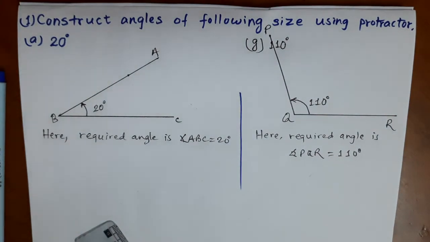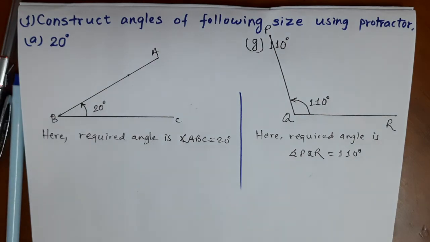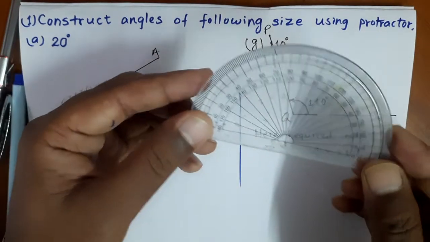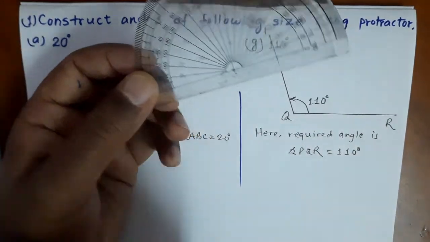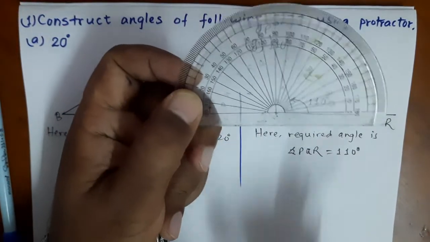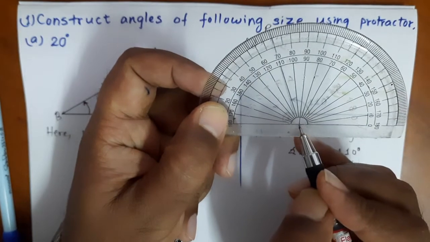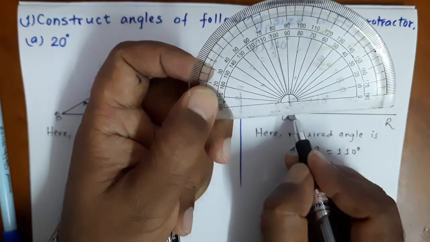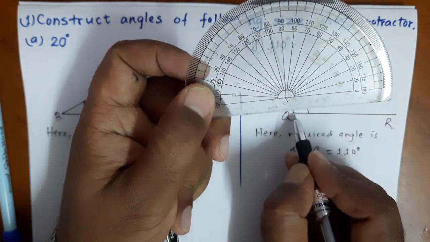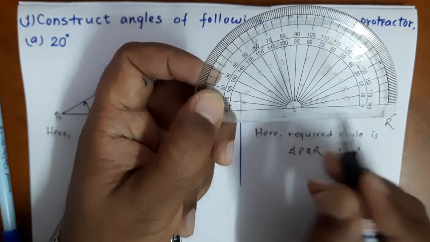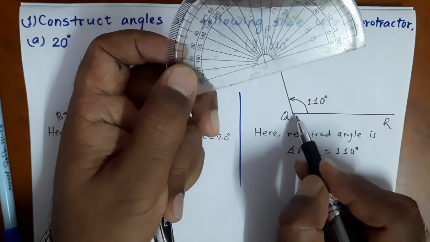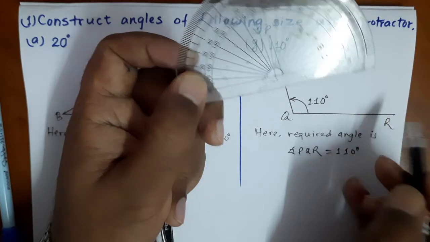Whether our angle is 110 degrees or not, you can confirm once by placing the protractor, putting the center of the protractor at the vertex of the angle and the baseline along one arm QR.